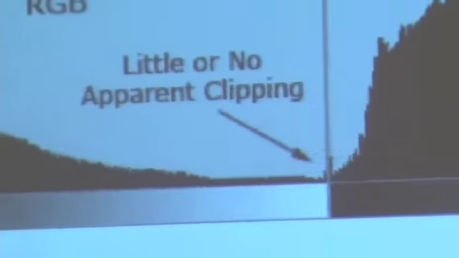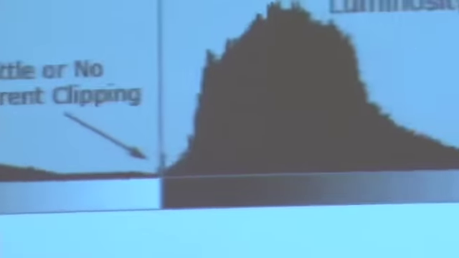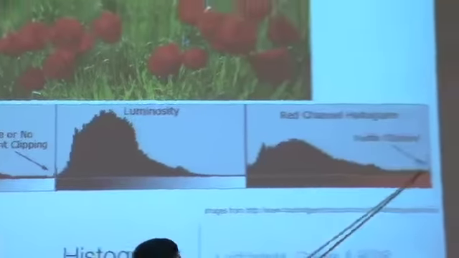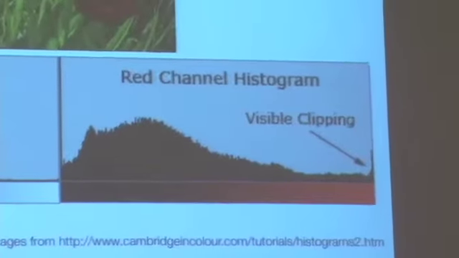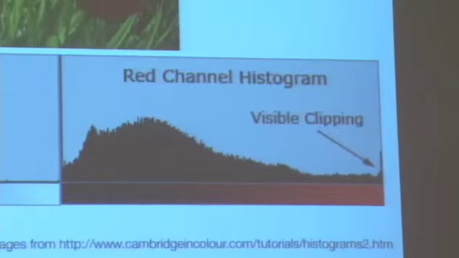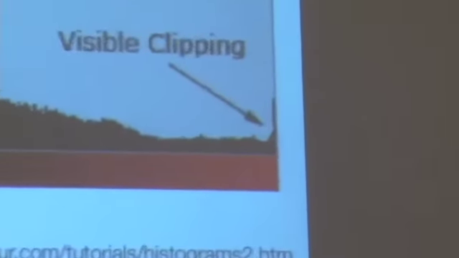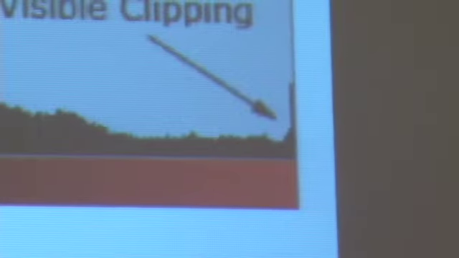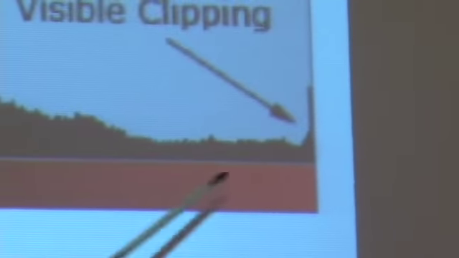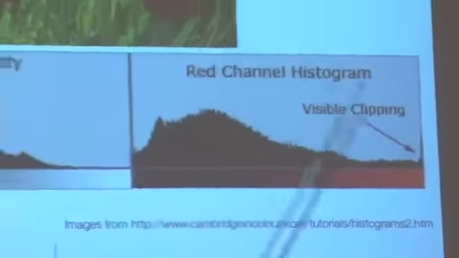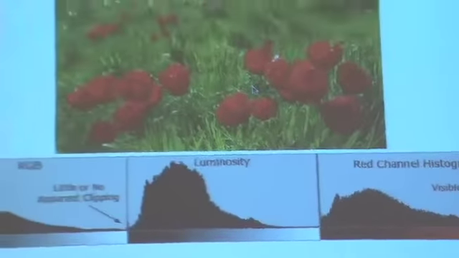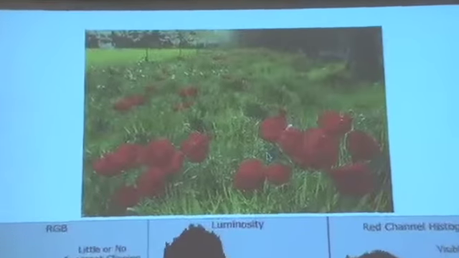a particular color channel. And if you're lucky enough to have a camera that supports individual color channels, then you could actually see the red color channel individually, and you'll be able to see a very noticeable amount of clipping, as it's called. So there's too much information on this end, and so that's indicating to you that it's just too bright for the dynamic range of this particular camera.